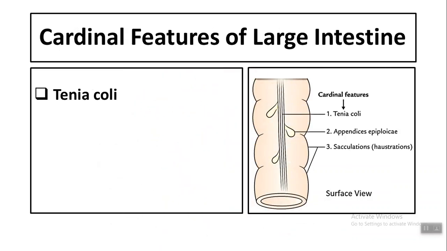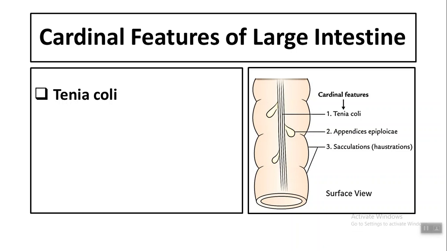What are the cardinal features of the large intestine? The presence of the tinea coli. These are the longitudinal bands of muscularis, or the muscle layer of the large intestine, which is called tinea coli.